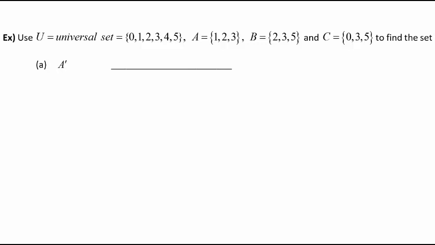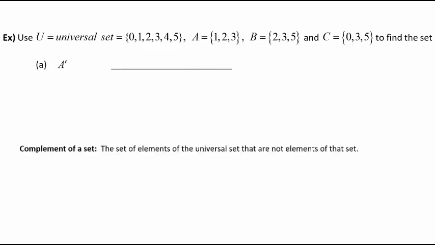Do you remember what A prime is? A prime is the complement of a set. And how do we find the complement of a set? We are looking for the set of elements of the universal set that are not elements of set A. So set A has 1, 2, and 3, and the universal set is 0, 1, 2, 3, 4, and 5.